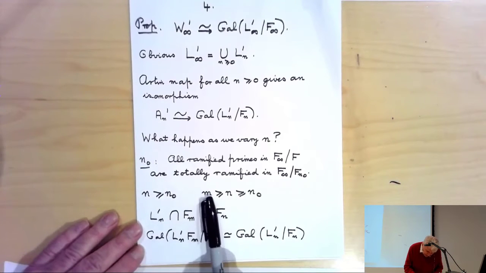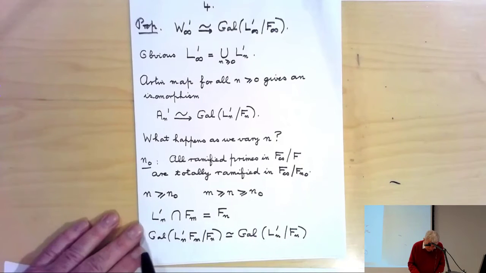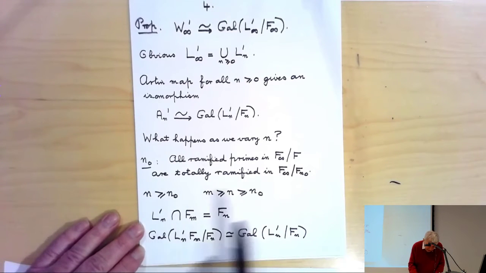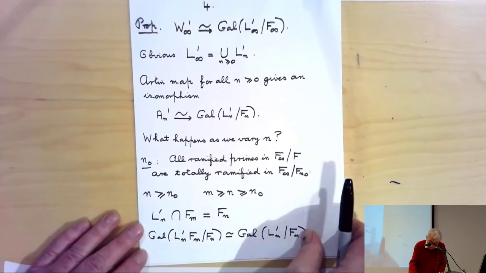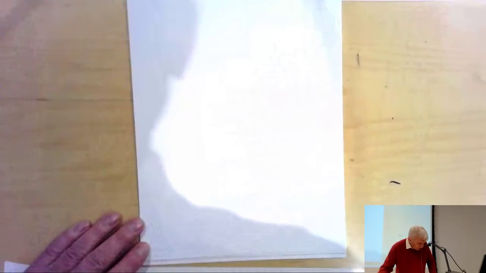And so if I take any m greater than or equal to n, and n greater than or equal to n naught, then obviously the intersection of L_n prime and F_m, because F_m over F_n is totally ramified, must be F_n. And so the Galois group of L_n prime F_m over F_m will be the same as the Galois group of L_n prime over F_n.